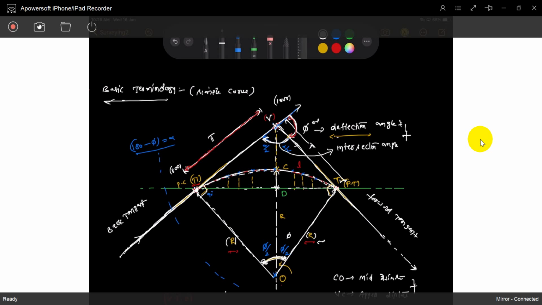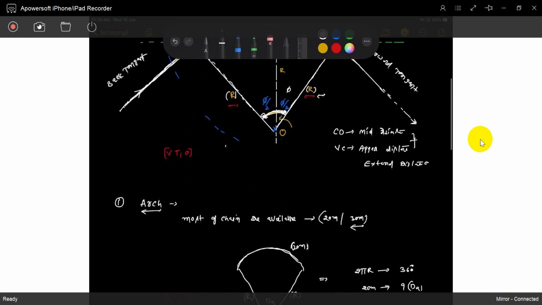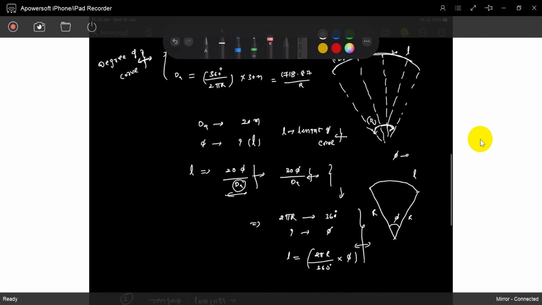Next, we already know the length of the curve, fixed by R and phi. Based on the degree of the curve also we can calculate the length of the curve.